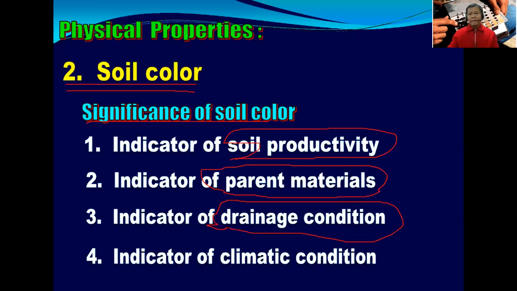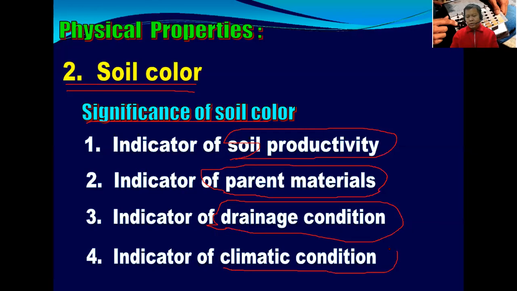Pag parang nabasa siya sa tubig sa mahabang panahon at ngayon ay nag-drain out na yung water, so mayroong mga evidences in the soils to indicate that the particular soil has been through a long period of submergence.